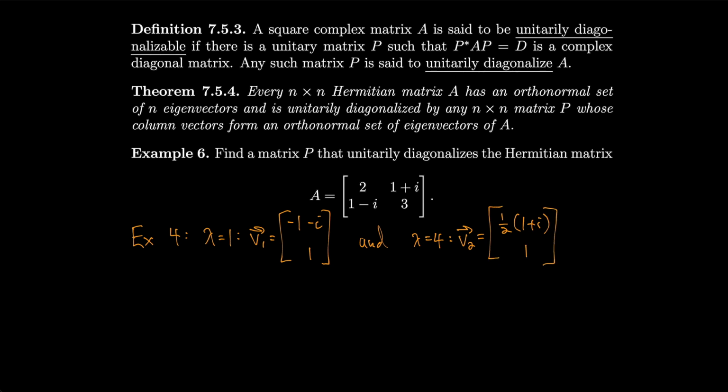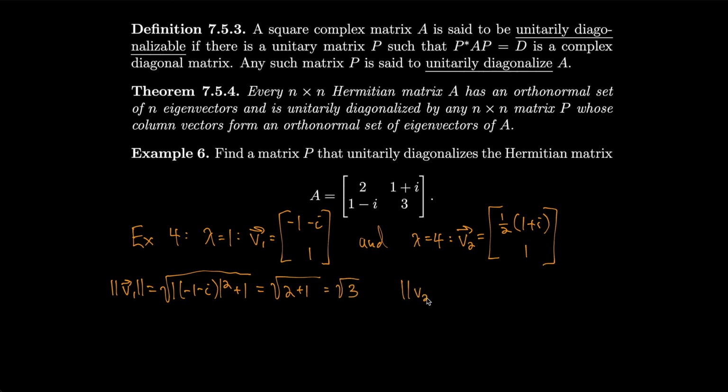So what we need to do is find the length of each of these so that we can normalize them. The length of v1 is the square root of the absolute value of minus 1 minus i squared plus 1, so that's the square root of 2 plus 1, which is square root of 3.